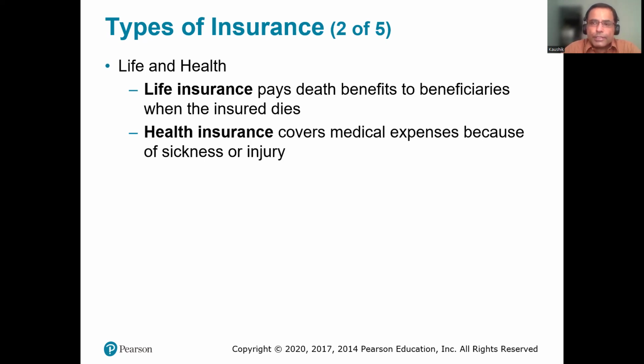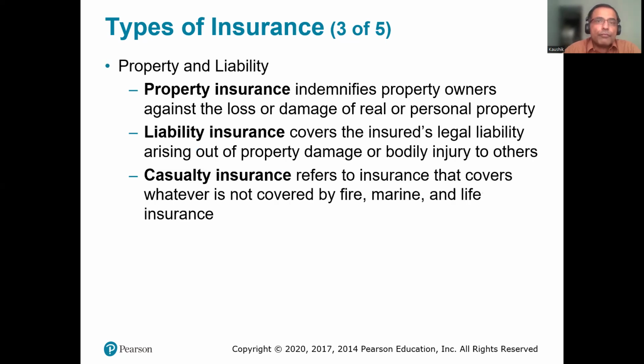What is life insurance? In this case, the insurance company will pay benefits to the beneficiaries once the insured person has died. And in case of health insurance, the insurance company will pay for medical expenses of the insured individual. Property insurance tries to cover for losses to personal property.